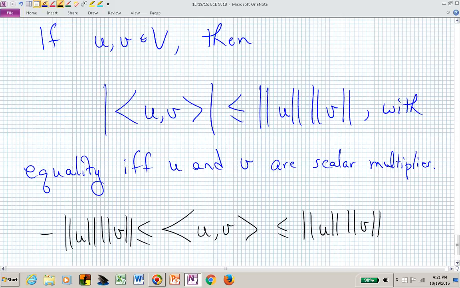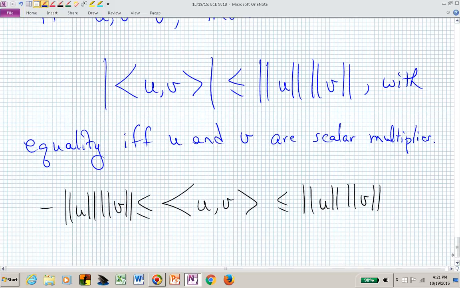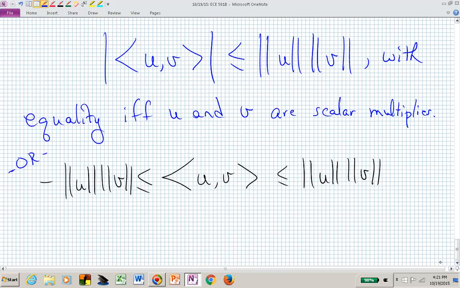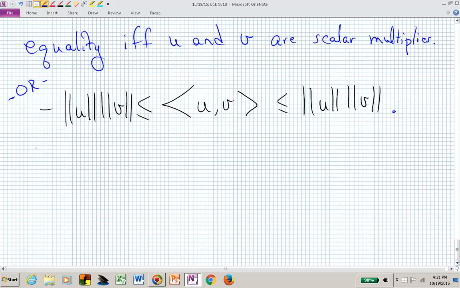I'm sorry, that's just the definition of the absolute value. So we could write the Cauchy-Schwarz inequality either as the blue line or as the black expression. Let's convince ourselves or see where that comes from.